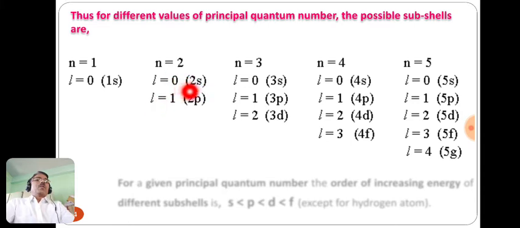So l equal to 0 means s, and as the major energy level is 2, it is the 2s subshell. And when l equals 1, it is the second subshell, that is p, and as n equals 2, this is the 2p subshell.